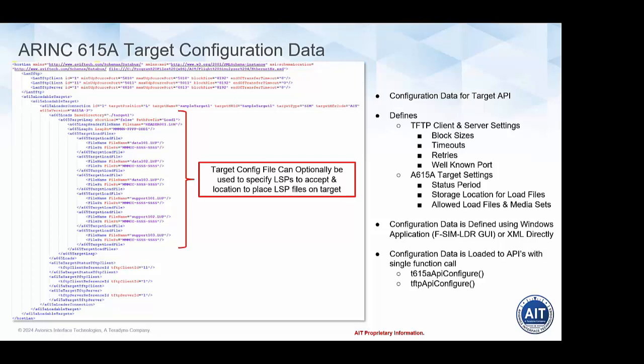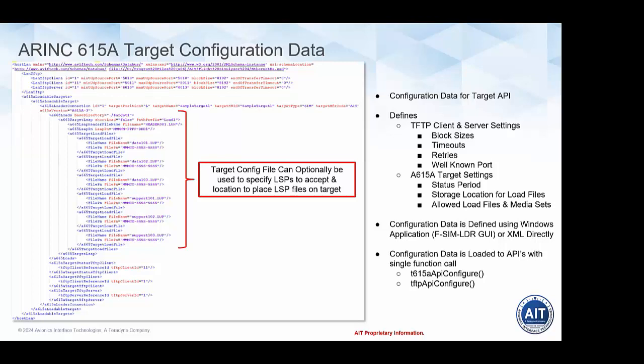So if you remember in the flow of the functions, when the list of software parts is provided to the target in the LUR file by the data loader, you can have a callback function invoked in your application where your application can inspect the part numbers and the loadable software parts the data loader is asking to load.